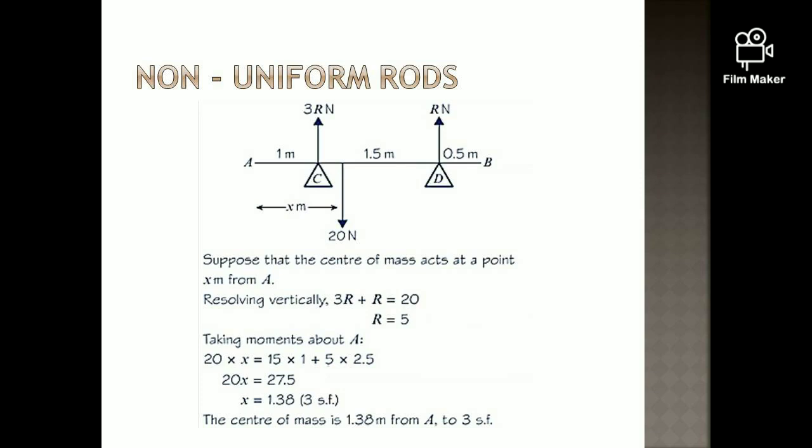Therefore you can mark up 1 into 3R; R is 5, therefore 3R is 15. 1 into 15 plus 2.5 into 5. With that you will obtain the answer as x equals to 1.38, correct to 3 significant figures. Therefore the center of mass of this object would be 1.38 from A.